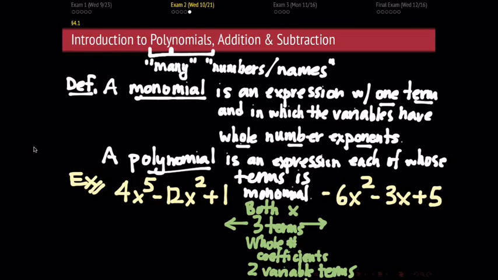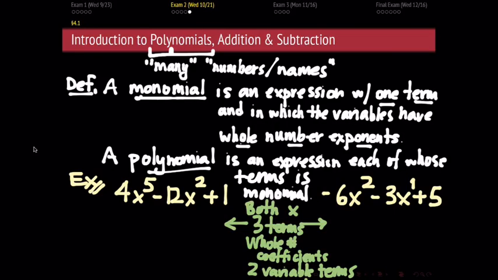What's an important difference? Over here, an exponent of 5 and an exponent of 2 versus, okay, that's true. Although I might come back and ask, what about this plain x in the second expression? What's the exponent on that x really?